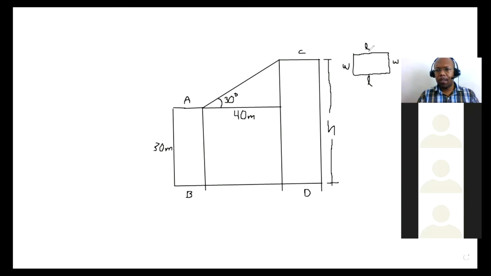That's because the lengths are parallel as well as the widths. They're both parallel and they're at 90-degree angles, right? So we can know that the lengths will be the same and the widths will be the same because of these properties that are involved in forming a rectangle.